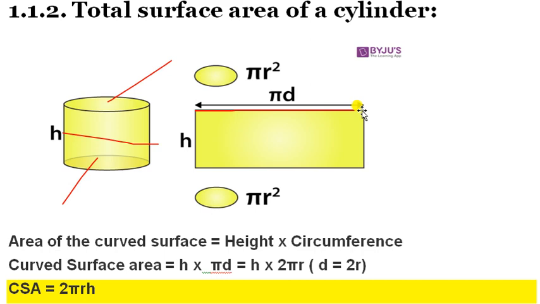And we know for a circle, the total length means the circumference, and the circumference is 2 pi r. And the length is 2 pi r. Is that clear?